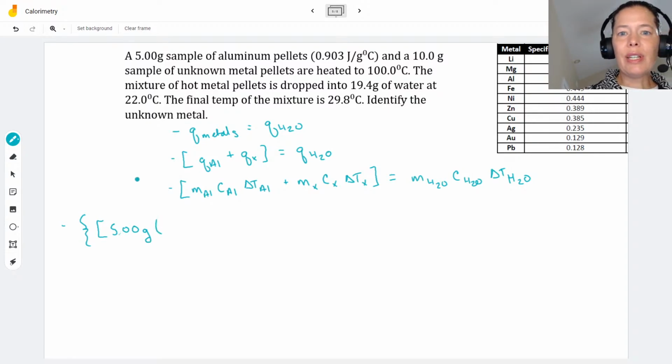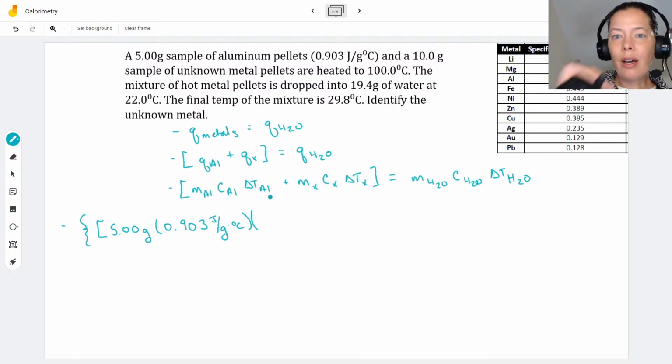The specific heat of the aluminum is 0.903. And our delta T of our aluminum: the final temperature of the mixture is 29.8 degrees Celsius, minus our initial temperature of our aluminum.